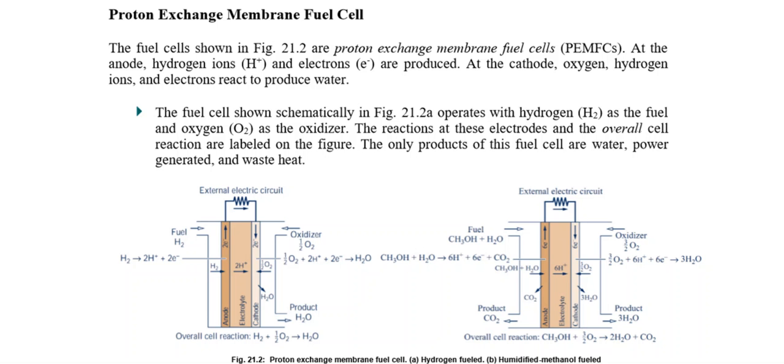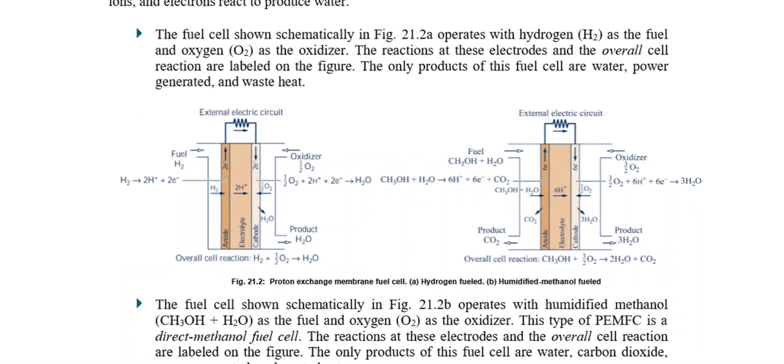At the anode, hydrogen ions and electrons are produced, as discussed earlier at the start. Now at the cathode, oxygen and hydrogen ions and electrons react to produce water. The fuel over here is hydrogen. When hydrogen is provided at the anode, the hydrogen would be split into positive ions and electrons.